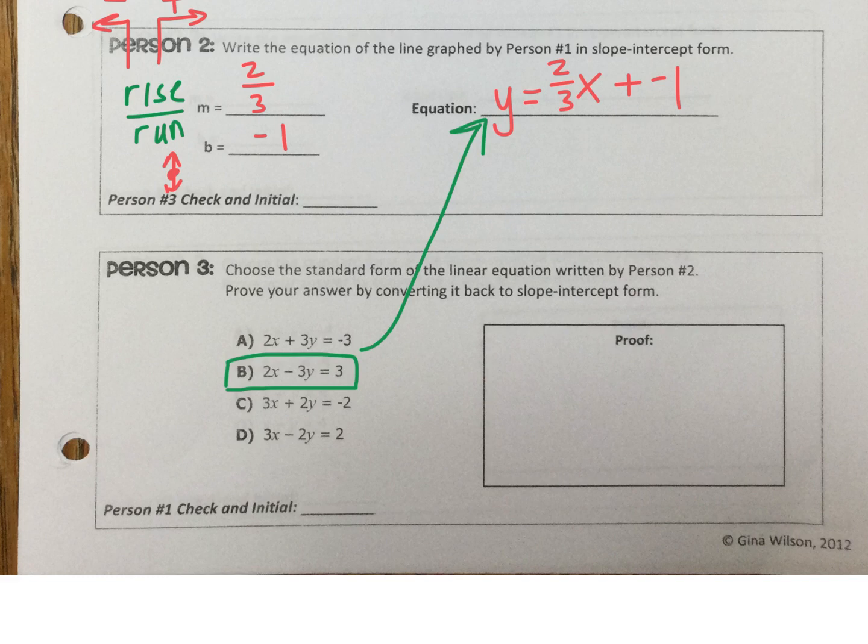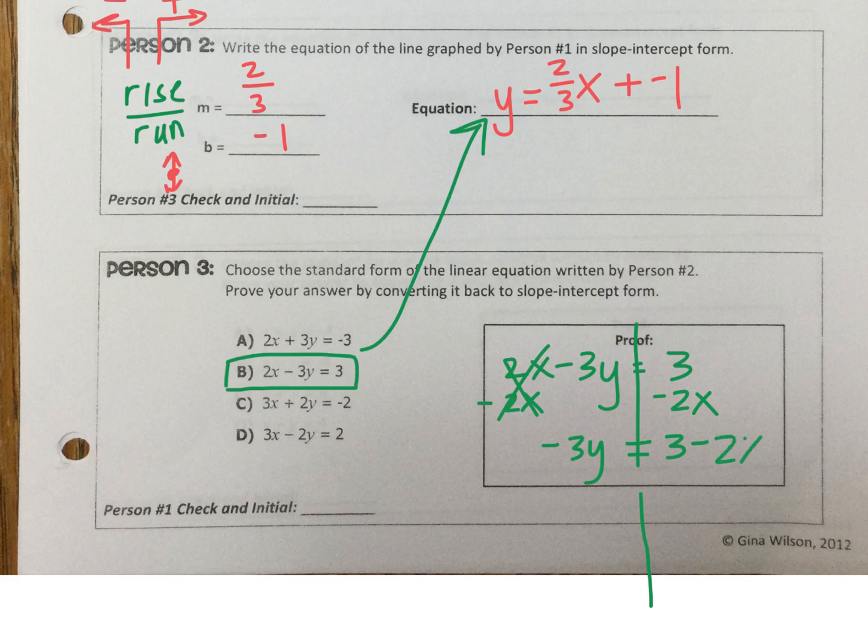So I'm solving B. 2x minus 3y equals 3. Okay, the first thing we do is move the x. We're going to subtract 2x. You'll either add or subtract the x. That goes away. -3y equals 3 minus 2x.